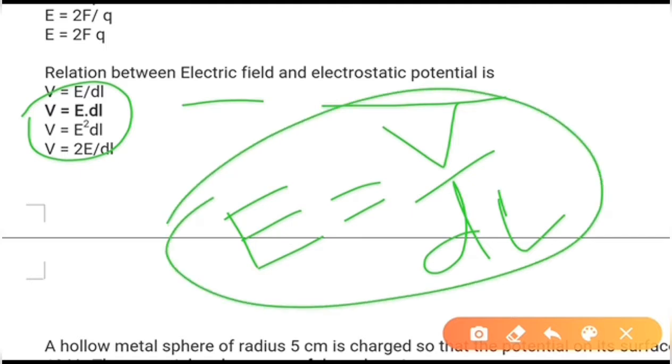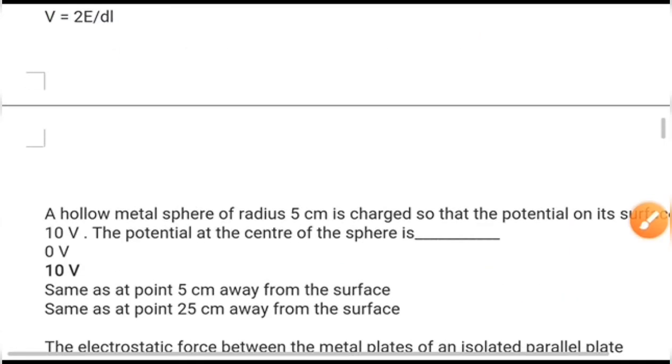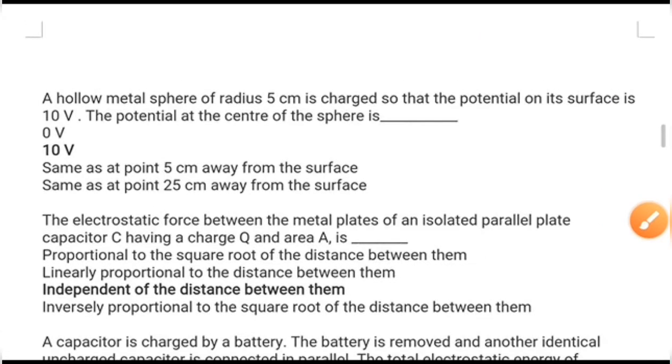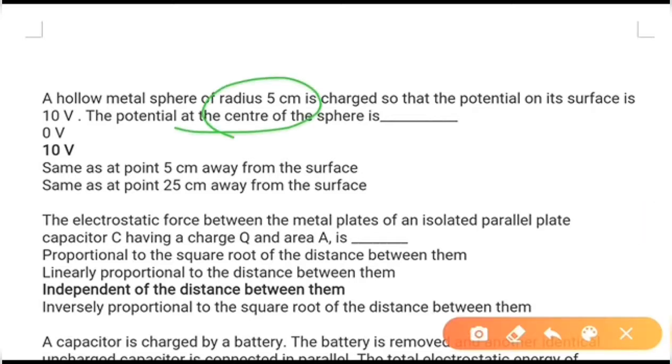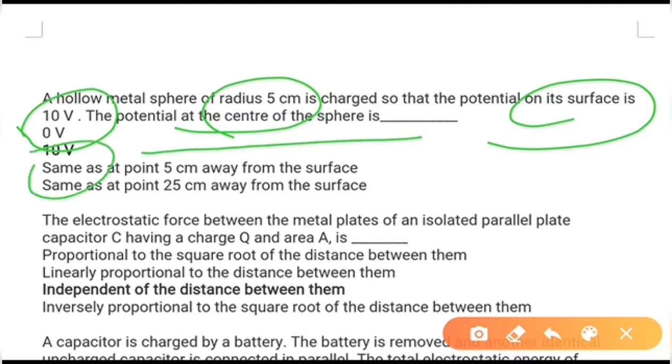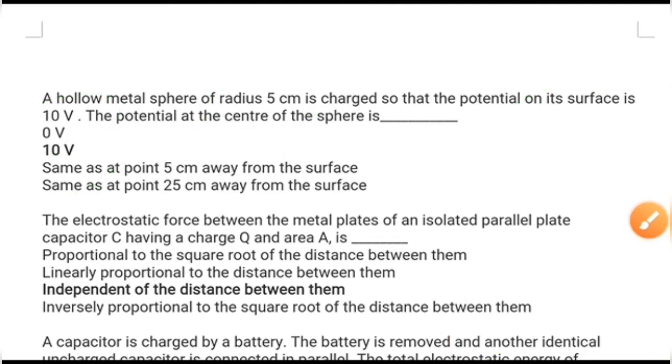We know the definition and the relation between the electric field and potential. So the answer will be V equal to E dl. Next question, a hollow metal sphere of radius 5 cm is charged so that the potential on its surface, a similar question is given, is 10 volt. What is the potential at the center of the sphere? The same 10 volt. So similar question.